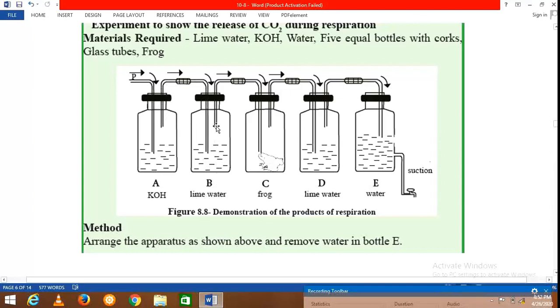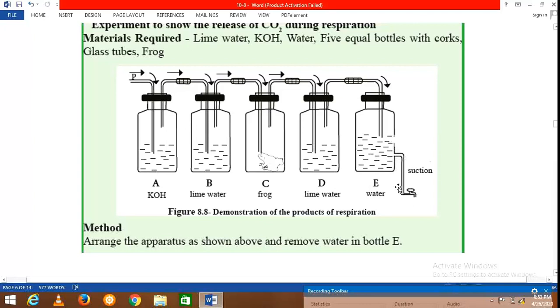The end of the next tube is out of calcium hydroxide, and the end of the tube is close to the frog inside bottle A, and the next tube's end is immersed in lime water again, and this end is out of lime water, and then this end is immersed in water, and you can see bottle E is connected to a suction pump or a tap.